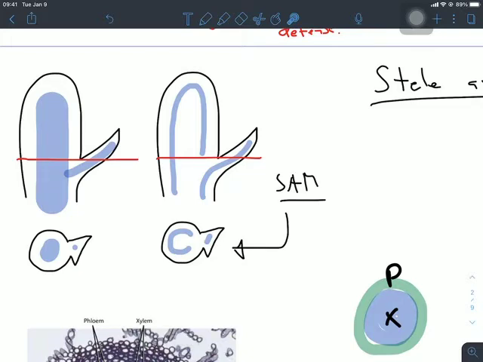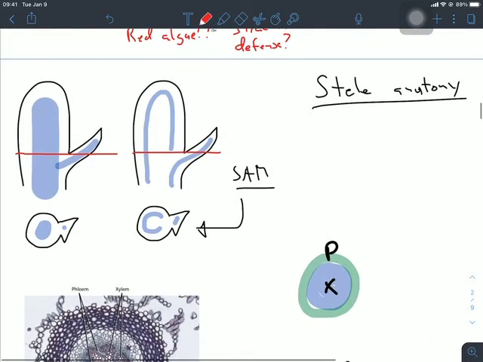So, hopefully you've connected at least some of these terms in your own head, with this being the stelar structure that we see in our flowering plants and seed-bearing plants, and this type of structure being what we see in our lycophyte lineages and early land plants.